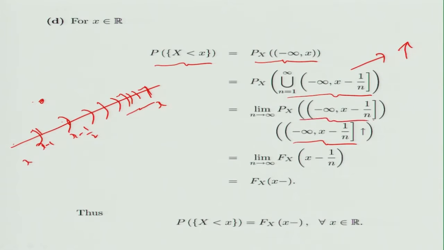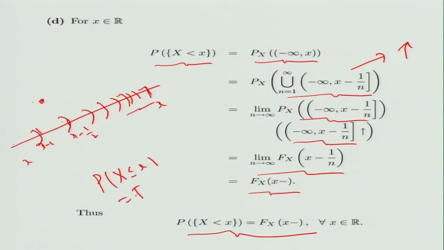But this is same as limit n going to infinity of Fx of x minus 1 by n, which is same as Fx of x minus. So what it says is probability X less than x is same as Fx of x minus. Note that by definition of a distribution function, probability X less than or equal to x is same as Fx of x. So probability X less than x is same as Fx of x minus. That is what we have shown just now.